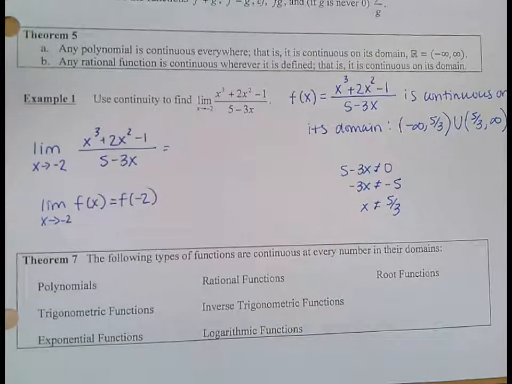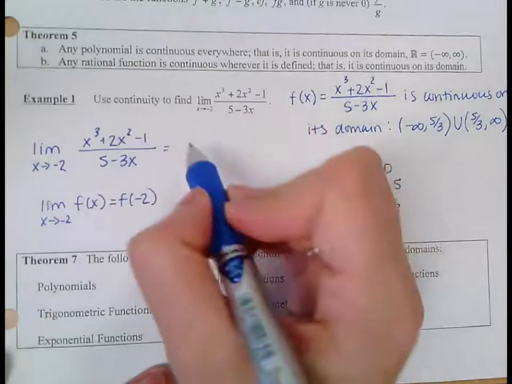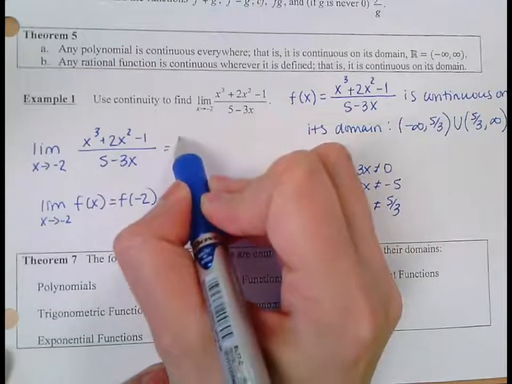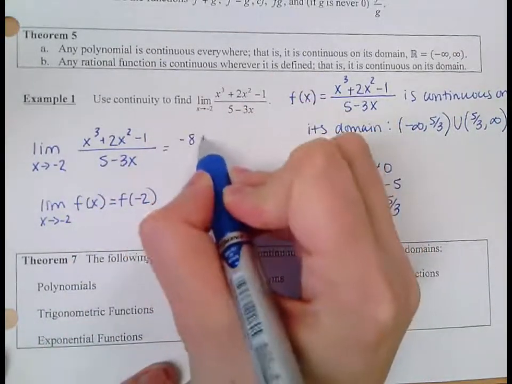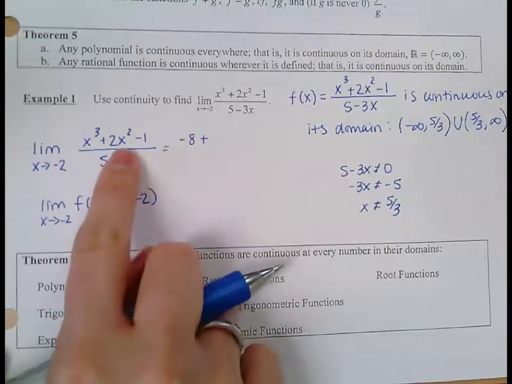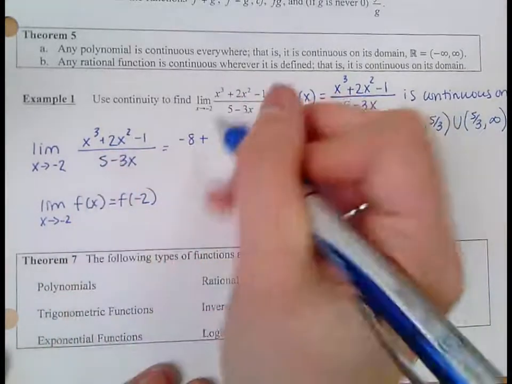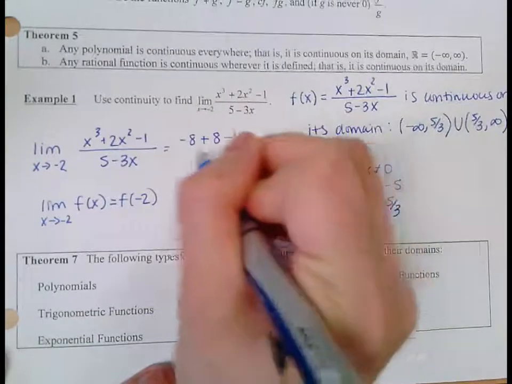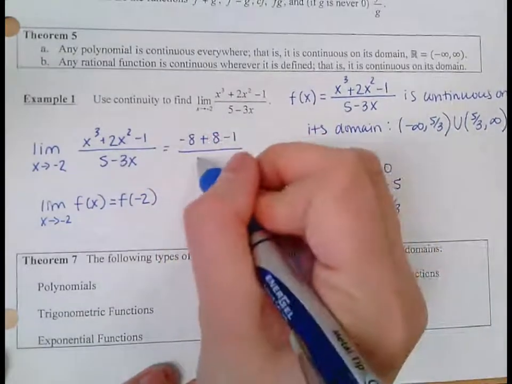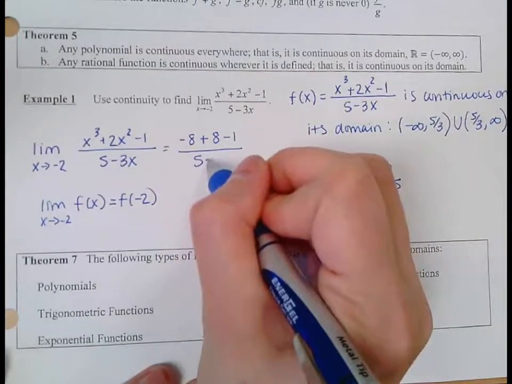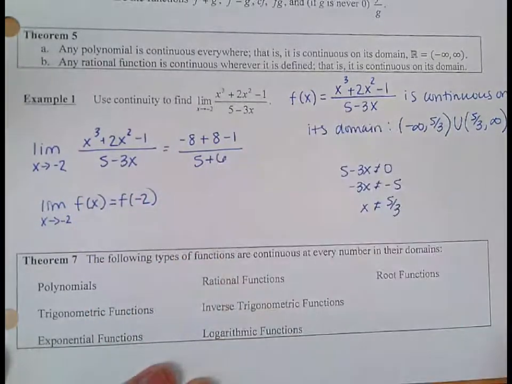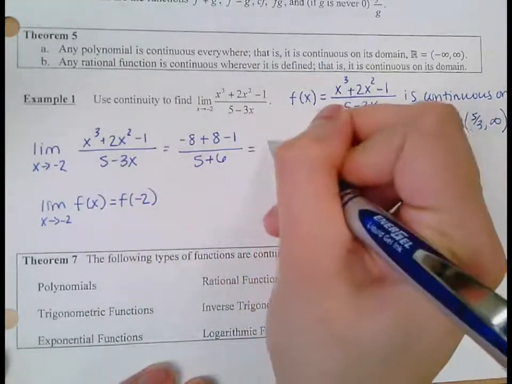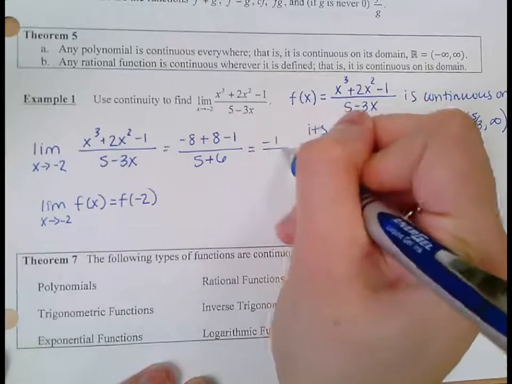If I substitute -2 in for x, then I'll have -2 cubed, so -8, plus 2 times -2 squared, which is 4, so plus 8, minus 1, over 5 minus 3 times -2, which is -6, so really 5 plus 6. So the limit would be -1/11.